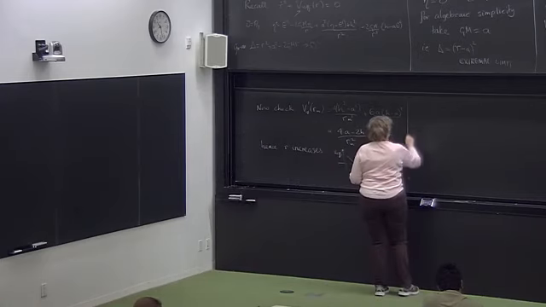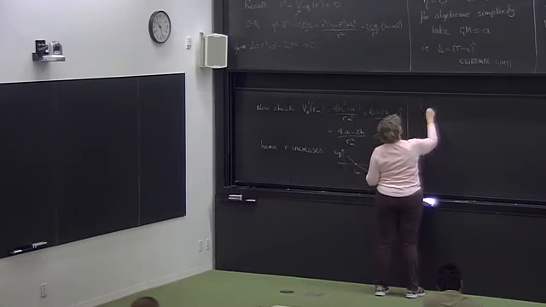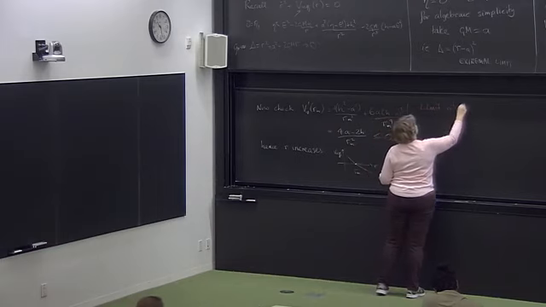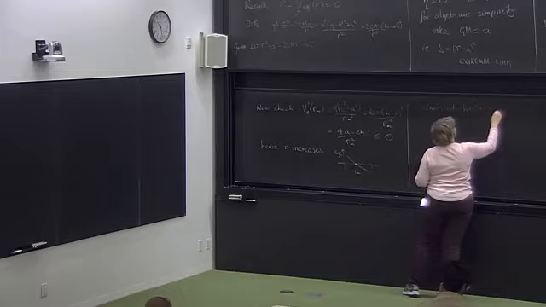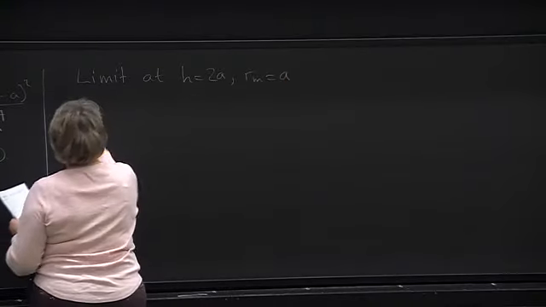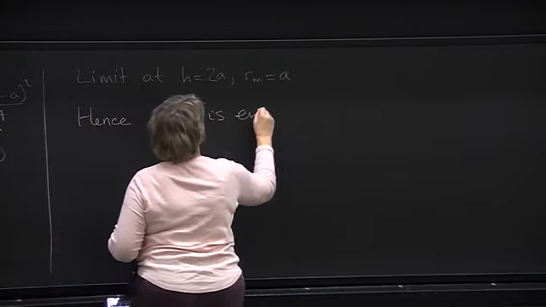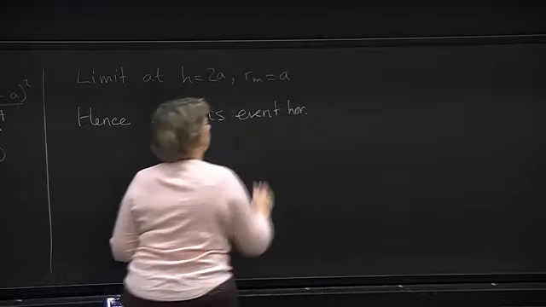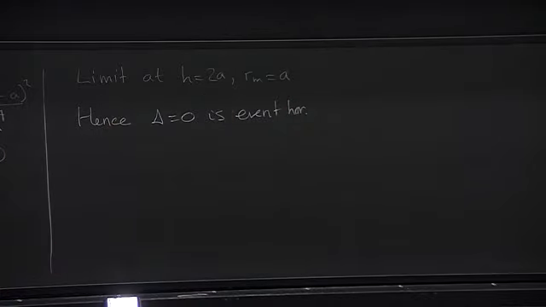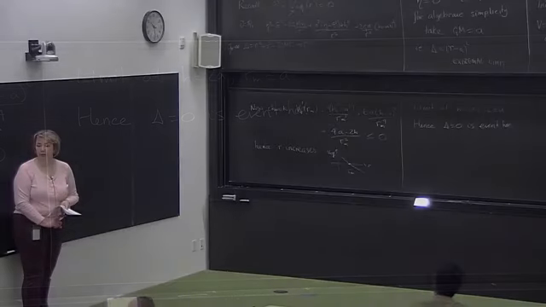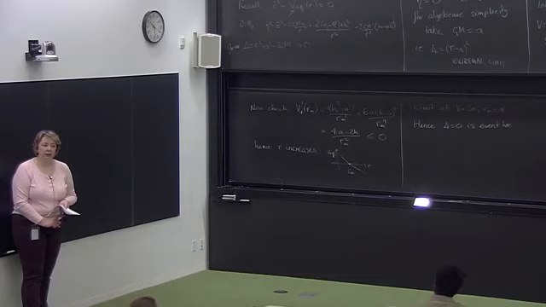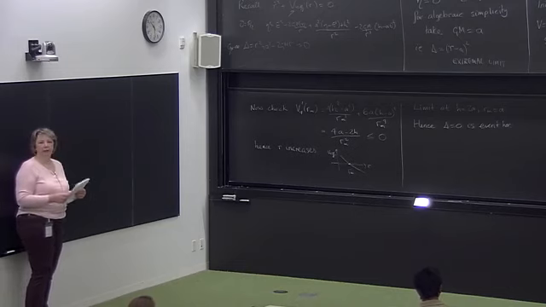So what this tells us, or just confirms, is that the event horizon is at delta equals 0. So that is why I've been using the phrase ergo region and ergo horizon for GTT equals 0. Because it's still an important surface, but it's not the event horizon.